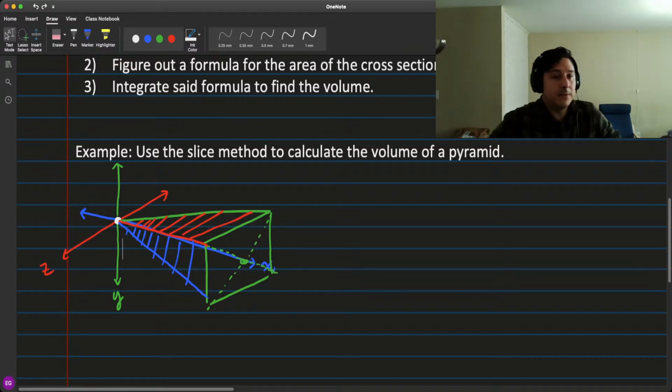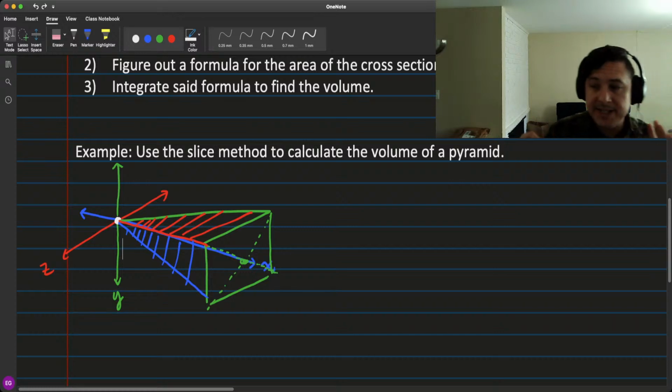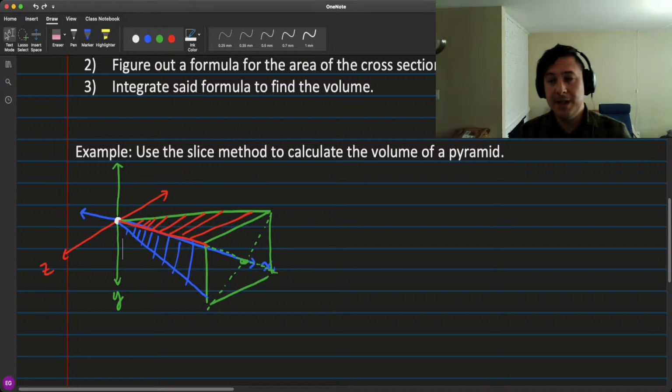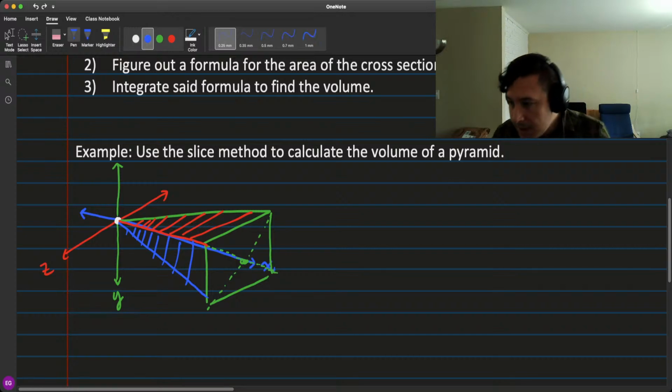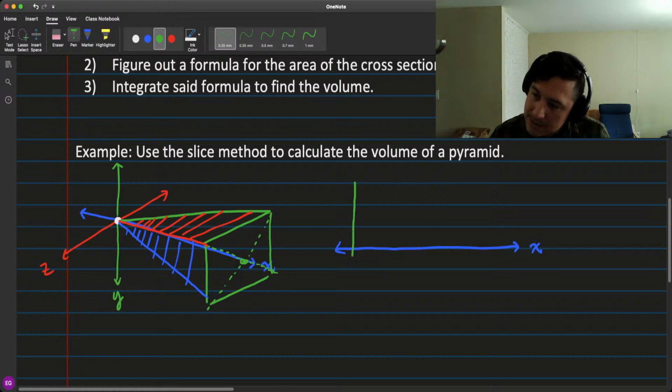Okay, so let's do this. This is the 3D view. We actually only care about the 2D view. So we can draw our x-axis like this, and we can draw our y-axis like this.